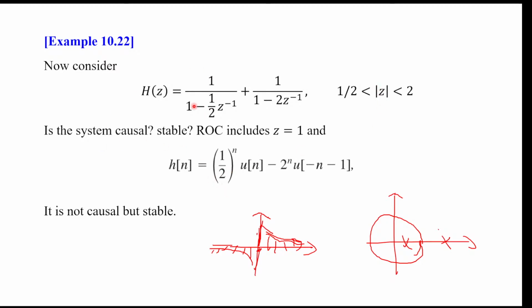So for the first pole, we get a right-sided inverse, and for the second fraction, we get a left-sided inverse. If you plot the function, this part has exponential decay as n goes to infinity, and this part has exponential decay as n goes to negative infinity. So this is absolutely summable, but it's not causal because you have this n less than 0 part that is non-zero.